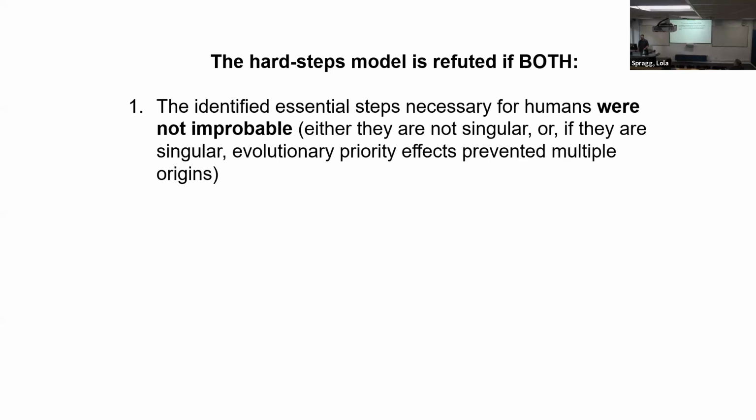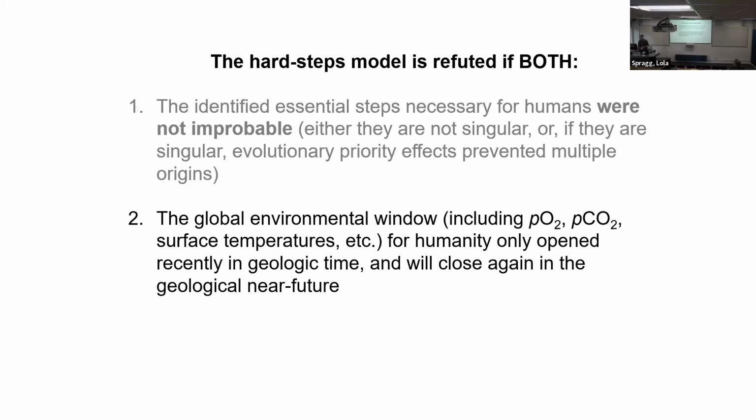Essentially, you could refute the hard steps model, at least in theory, if you do these two things. You need to show that these candidate steps were not improbable. Maybe they aren't singular, like information loss, or they were singular, but evolutionary priority effects, not improbability, explain that singular nature. You'd have to explain that, and at the same time define the global environmental window for pretty much any variable we can think of.